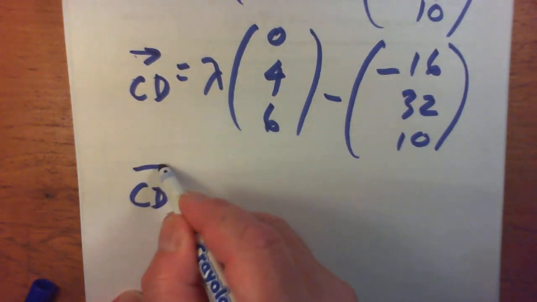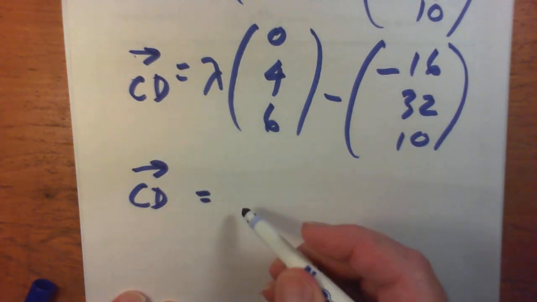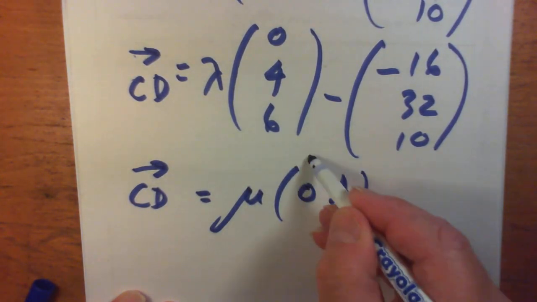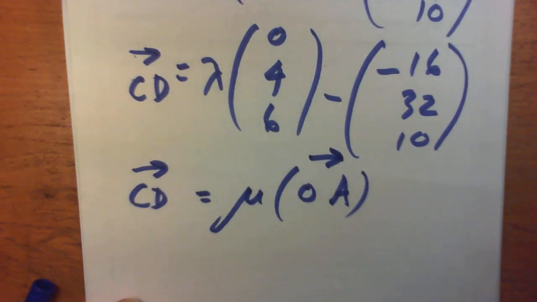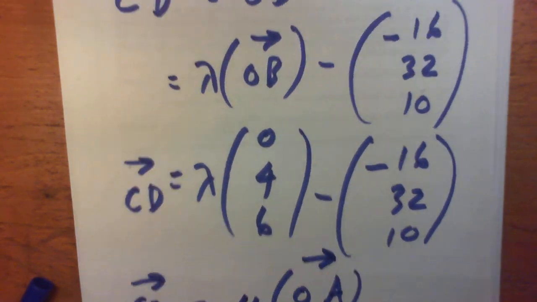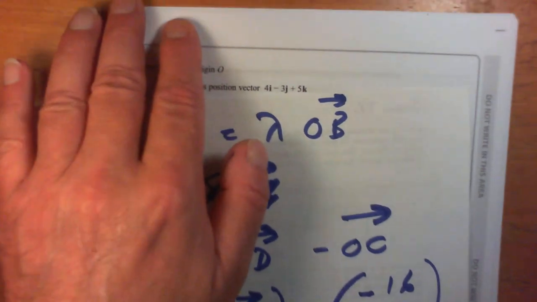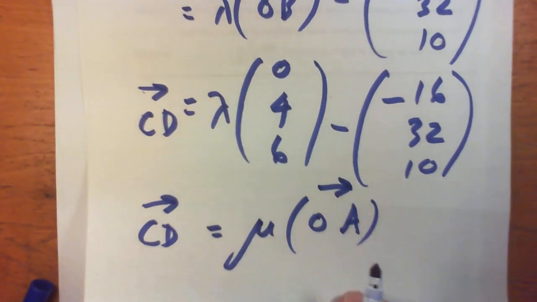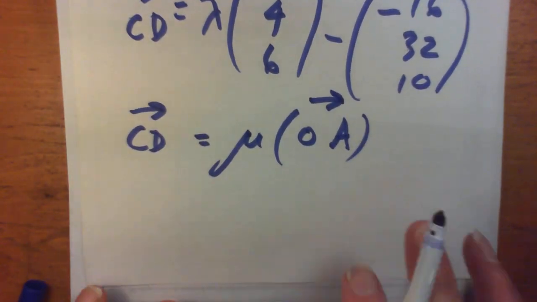CD is also, as given in the question, parallel to OA. So that's that stated in a mathematical form: CD is parallel to OA. And again, I know what OA is from up here, so I can extend that to a full-blown equation.